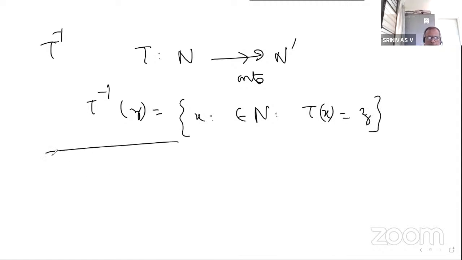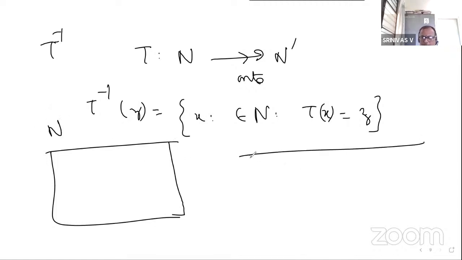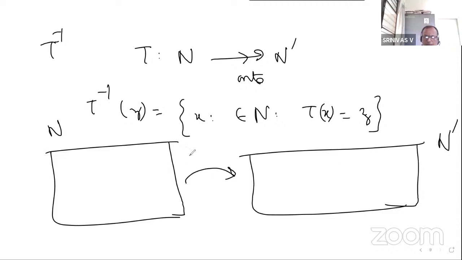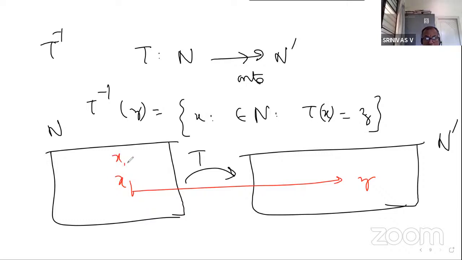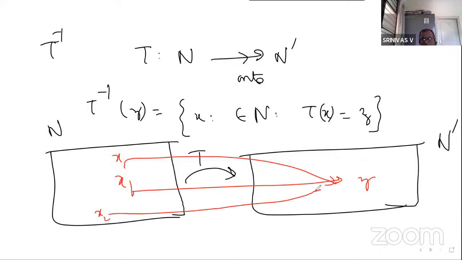You have this is N and this is N dash, and this T is mapping N into N dash. It is taking x to y. It may take some x1 also to y. I'm not asking for one-to-oneness, so you may have different x values. It may take x2 also to y.